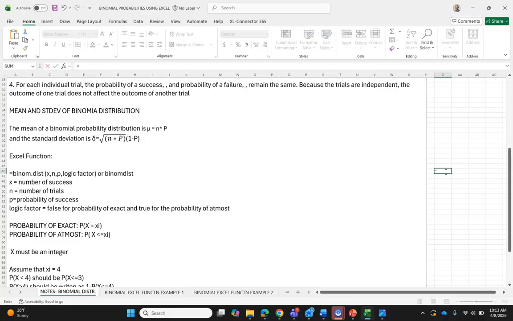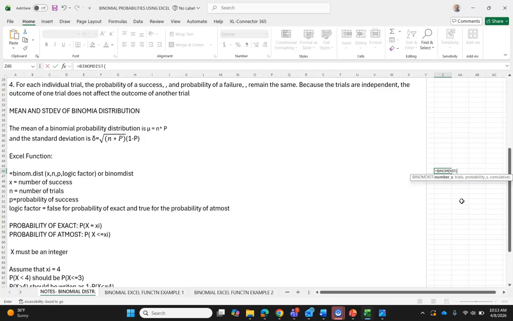If you put an equal sign and type binom, you can see we have binom.dist, and we could also write the other version, and that also will work.